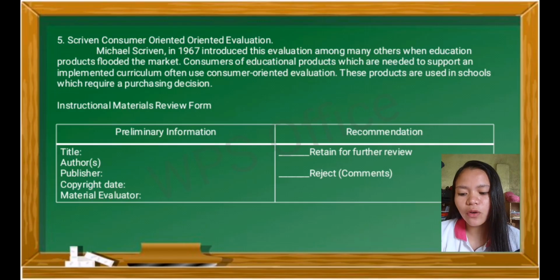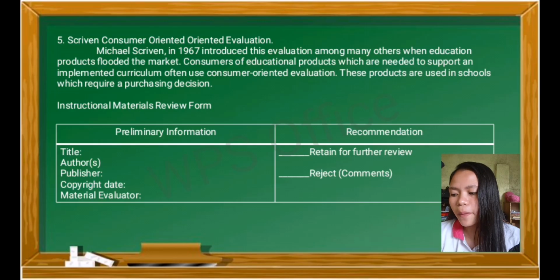An example of a material review form by Marvin Patterson of Florida State University is adapted for better understanding. So here is the instructional materials review form, adapted from Patterson, Marvin, FSU, USA.